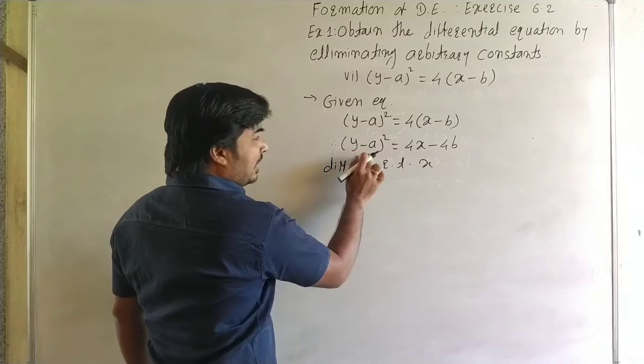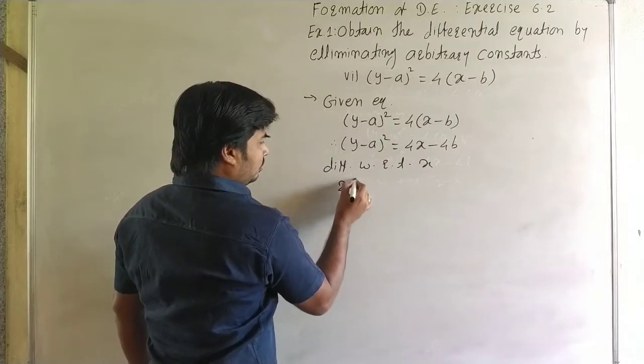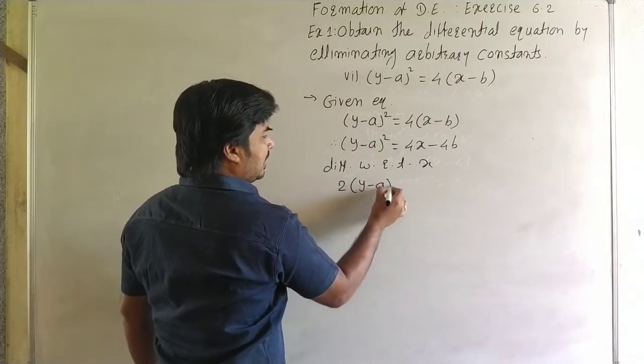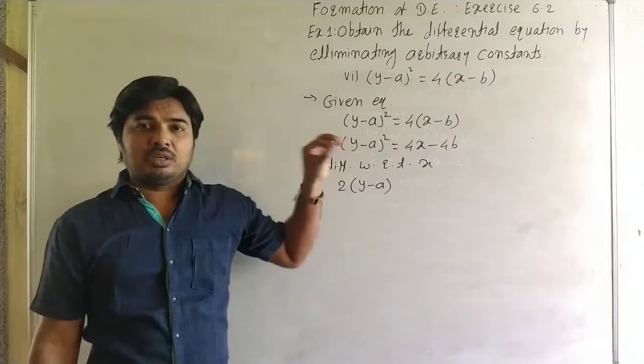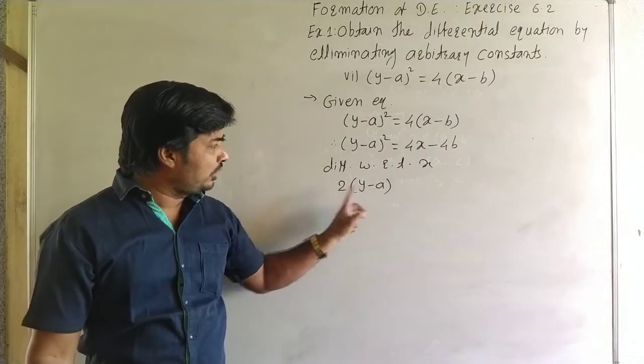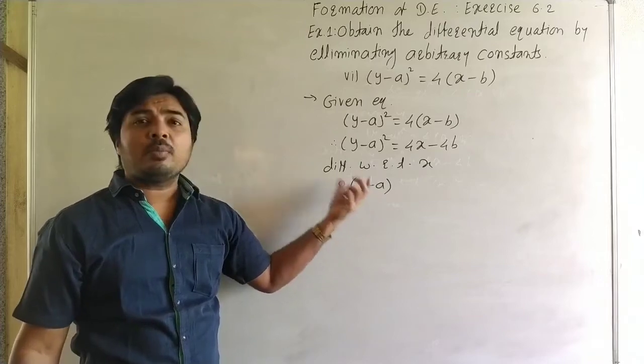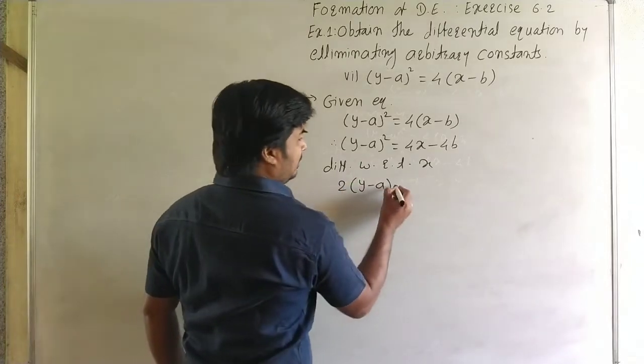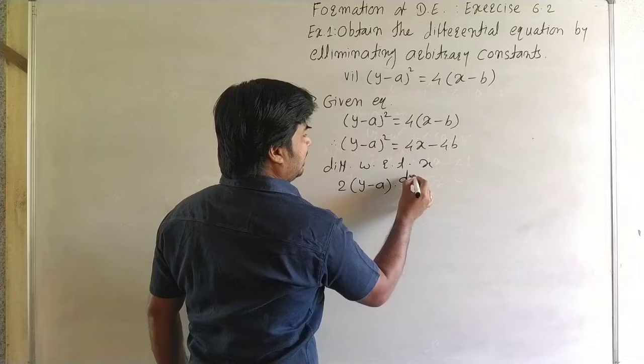The derivative of (y minus a) whole square is 2 (y minus a), here we use the formula for x square. Derivative of x square with respect to x is 2x, but here x is replaced by y minus a. So we differentiate again y minus a, and it is dy by dx.